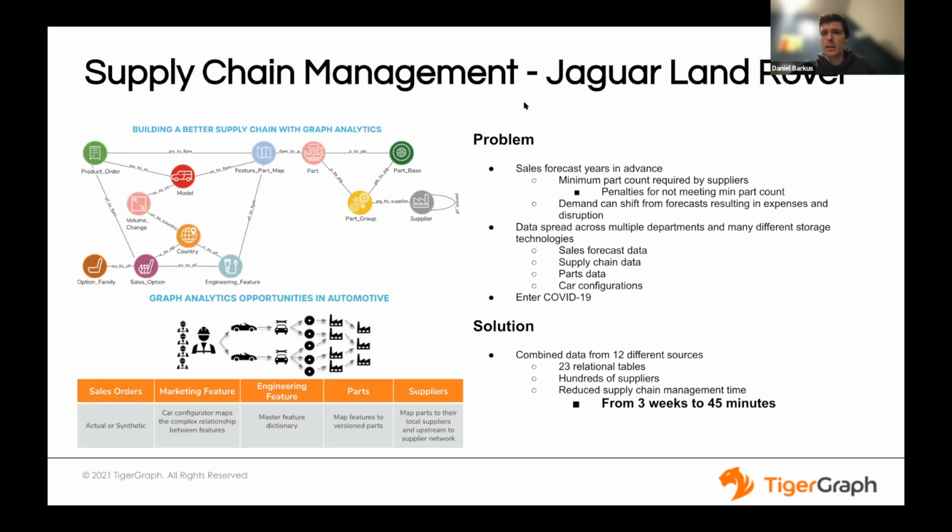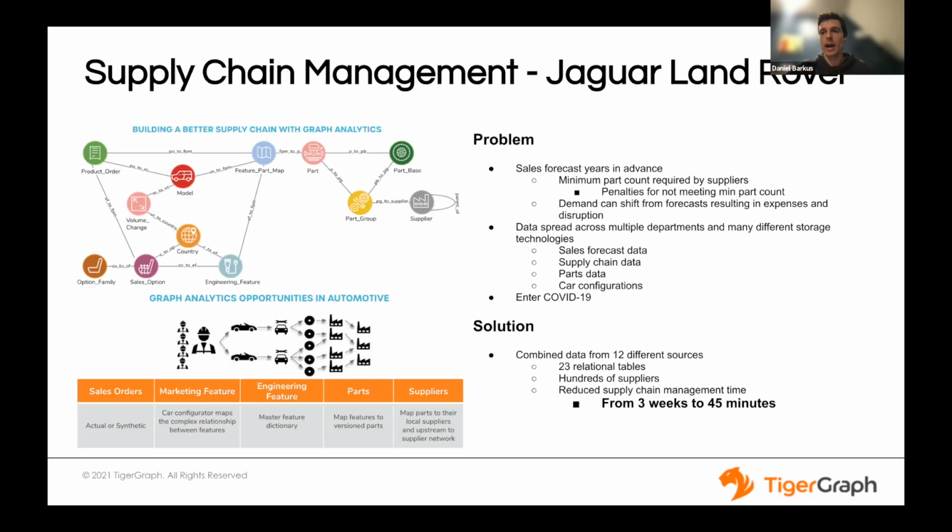Because all of this data exists in different places in most companies. Most companies don't have one central database where all of their marketing data, all of their sales forecasting data, all of their supply chain management data, all of their product design data all lives together, because there was no reason for it to in the past.